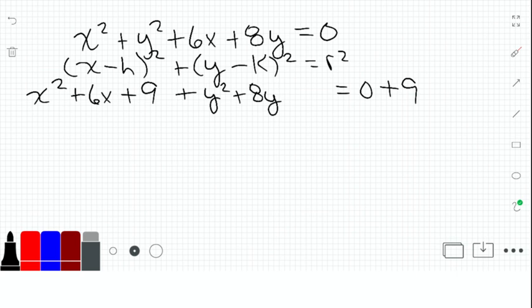Same idea with y squared plus 8y. I'm going to make it into a square instead of a rectangle. I'm going to take half of that 8, which is 4, and square it. 4 squared is 16.